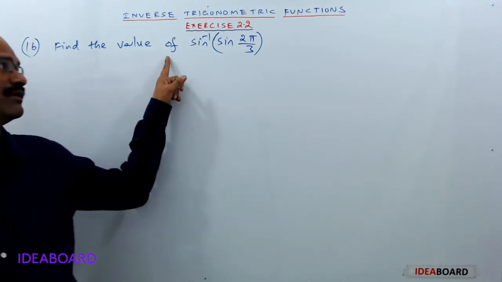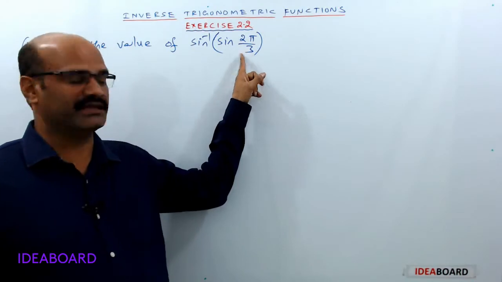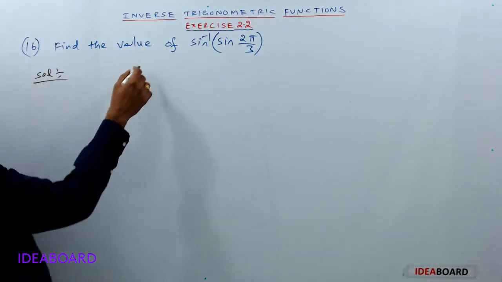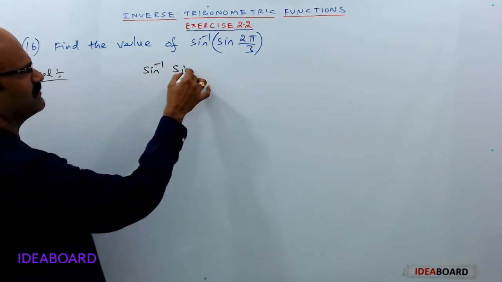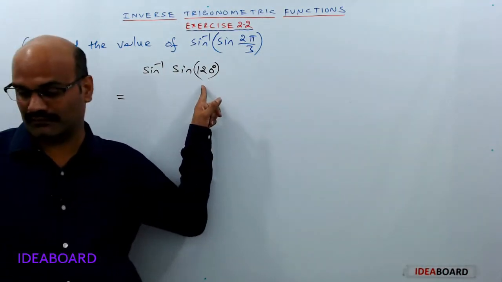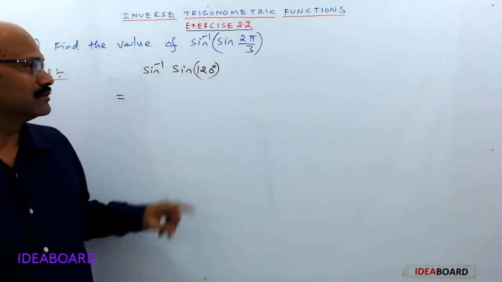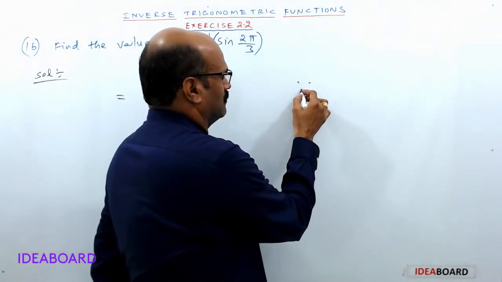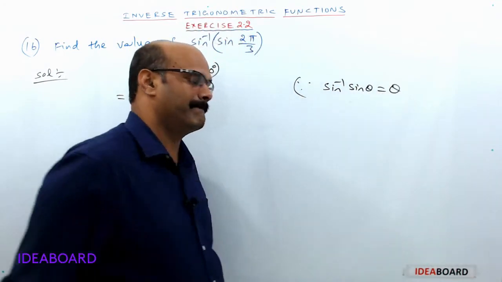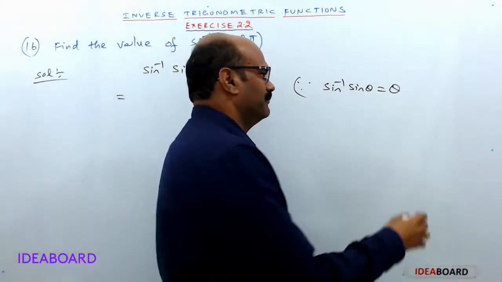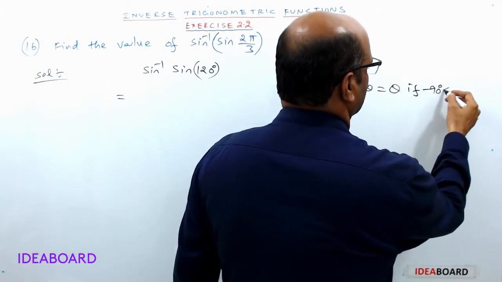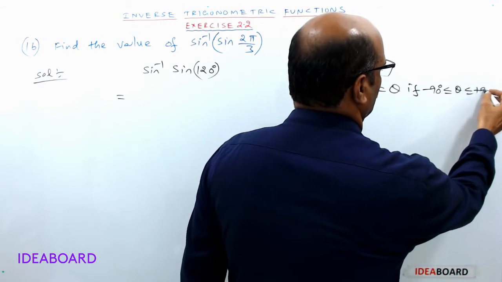Sixteenth problem, find the value of sin inverse of sin of 2 pi by 3. Here it's given that sin inverse of sin of 120 degrees equal to, the formula is sin inverse of sin theta equal to theta if minus 90 degrees less than or equal to theta less than or equal to plus 90 degrees.